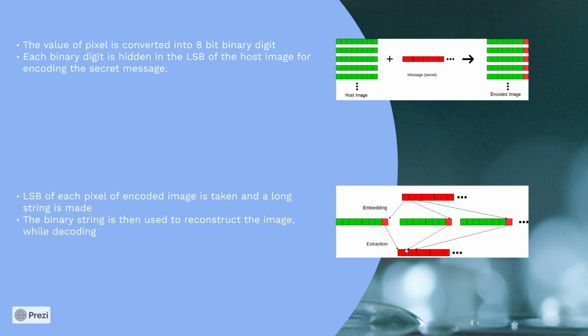We then make a long binary string similar to the string we used in the encoding, and then for reconstructing the image, we just reshape this whole binary string into an image. And that is how we hide and decode an image within an image using the KLSB approach.